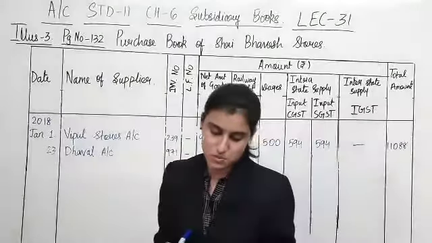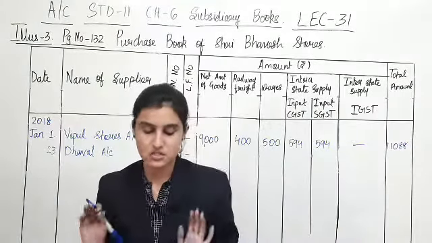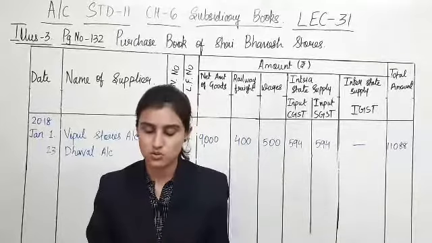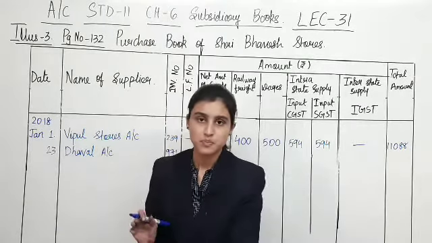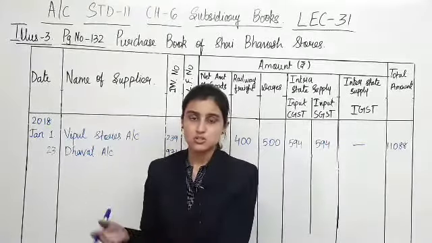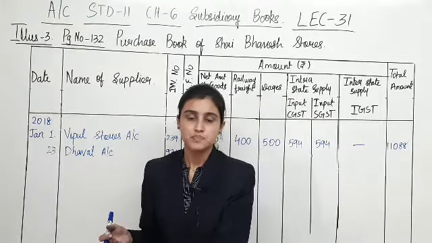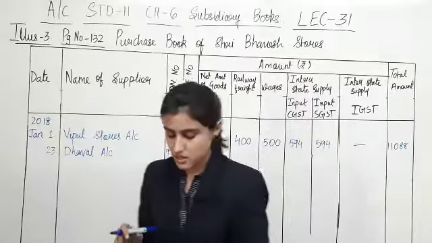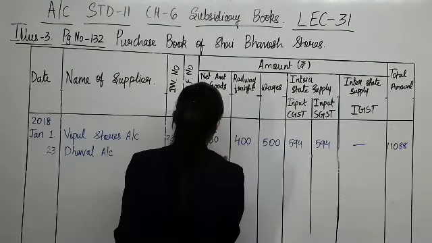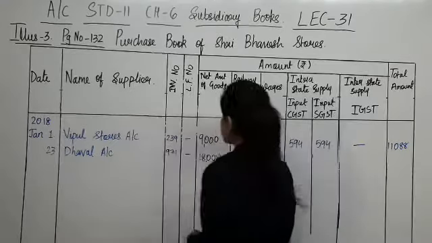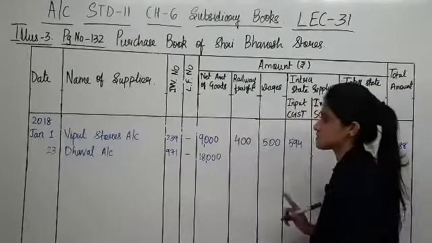Okay, 20,000, 10% trade discount first of all. Let us find out the net amount of goods. 10% of 20,000 is 2,000. So 20,000 minus 2,000 gives you 18,000. So firstly, the net amount of goods is 18,000 after deducting trade discount.